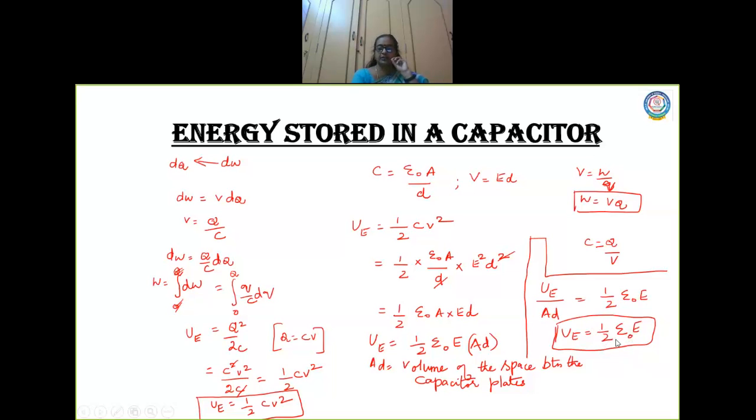Of course, it is permittivity of free space, which is 8.8 into 10 power minus 12. And which is the variable here is electric field. So this energy density purely depends only on the electric field. It neither depends on size of the plates nor anything else. It depends only on the electric field. Is it clear? So this is about energy stored in a capacitor.